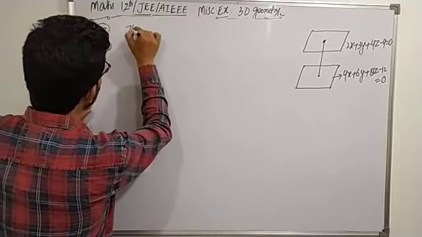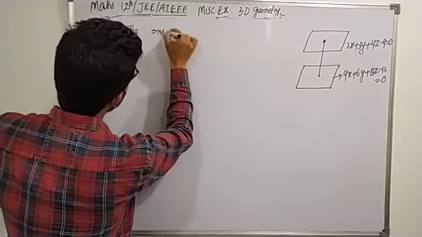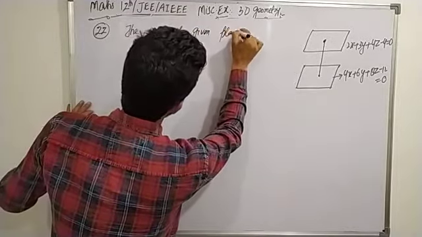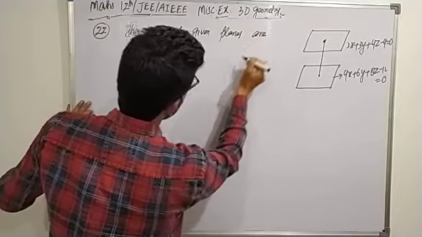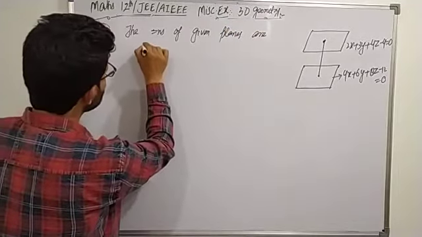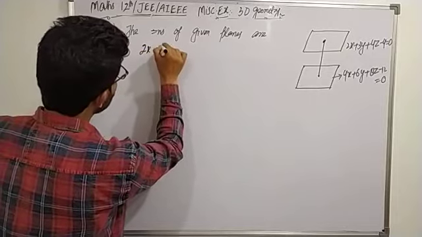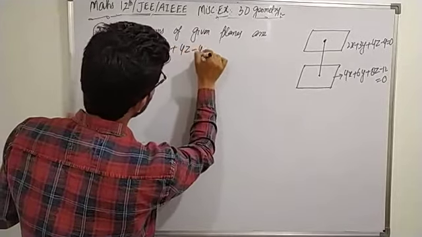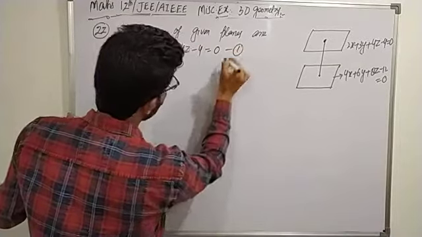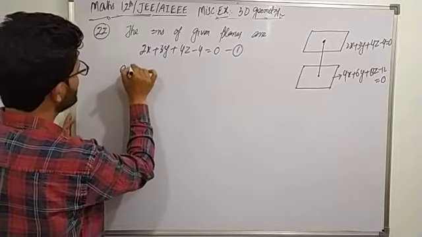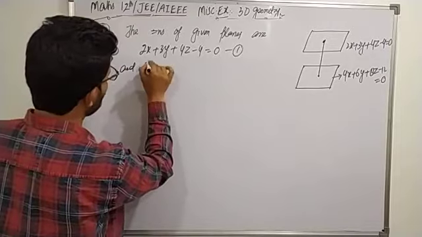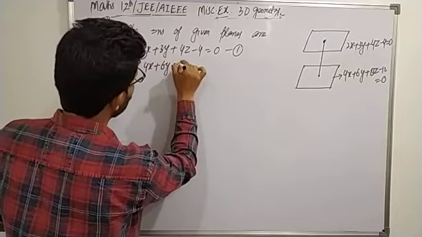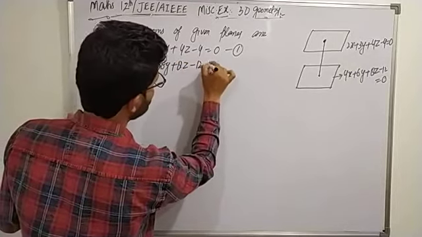The equations of given planes are 2x plus 3y plus 4z minus 4 is equal to 0, keep it as first, and the equation of second plane is 4x plus 6y plus 8z minus 12 and that's equal to 0.